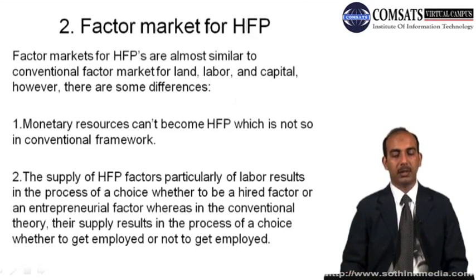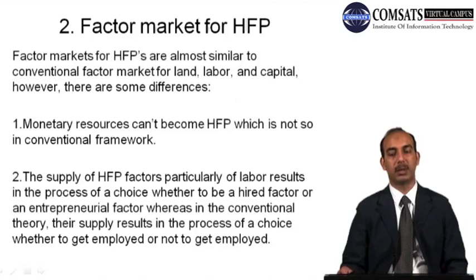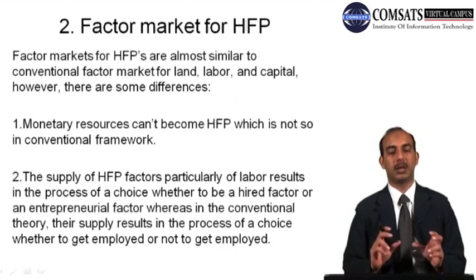And the supply of hired factors of production, particularly of labor, results in the process of choice whether to be a hired factor or an entrepreneurial factor, whereas in the conventional theory, their supply results in the process of a choice whether to get employed or not. So the treatment is totally different.